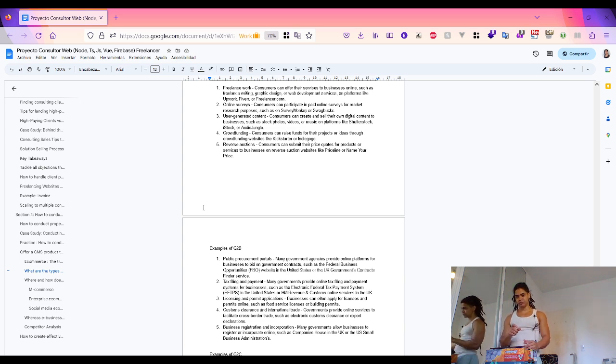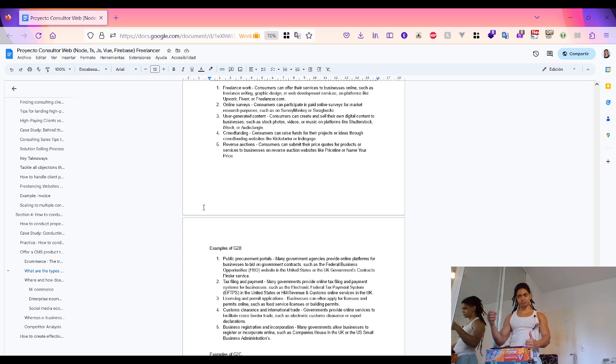And business registration. Government agencies provide platforms for businesses to register, like the SBA, Small Business Administration, or Companies House in the UK. And when it comes to government to consumers, they provide tax payment portals.